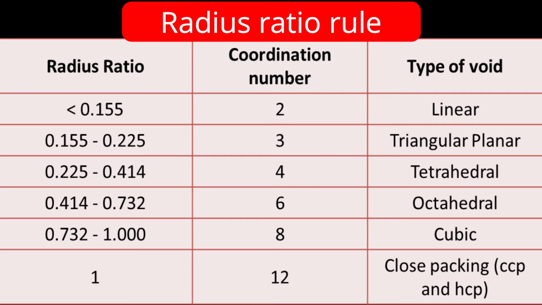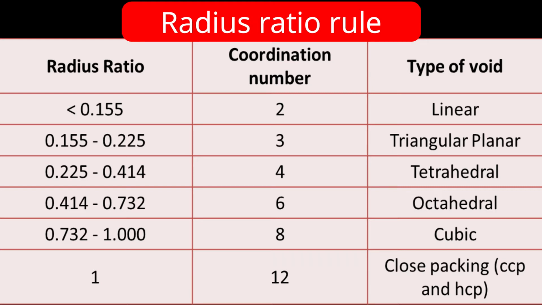If it is between 0.155 to 0.225, the type of void will be triangular planar and coordination number 3. If it is between 0.225 to 0.414, the type of void will be tetrahedral and coordination number 4.